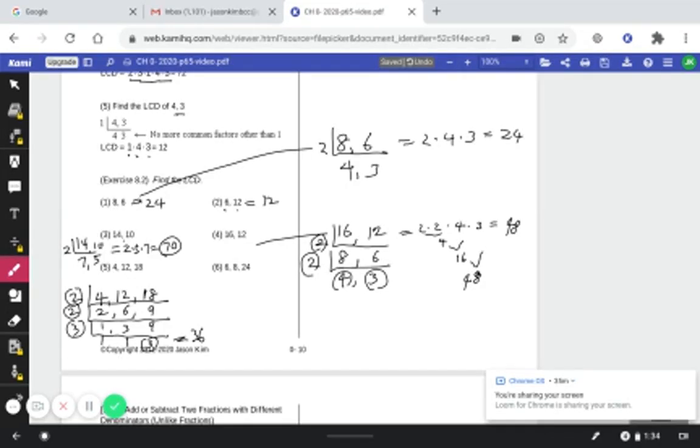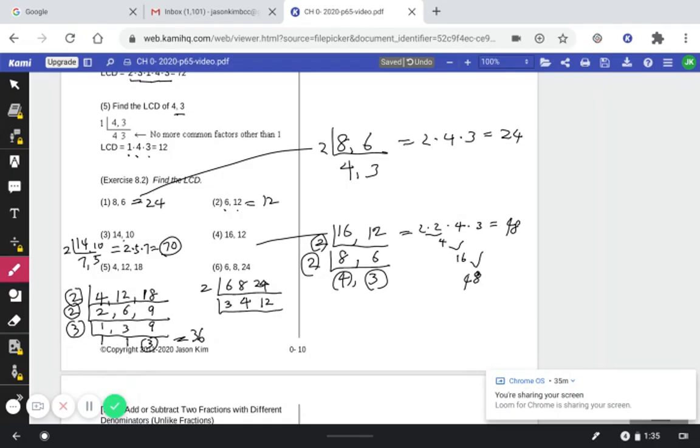Now, how about 6, 8, and 24? The common one is again 2. So you divide all of that by 2. So 2 goes into 6 3 times. 8 divided by 2 is 4 and 12.